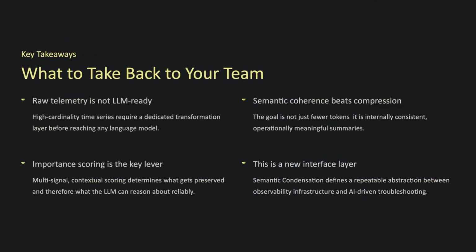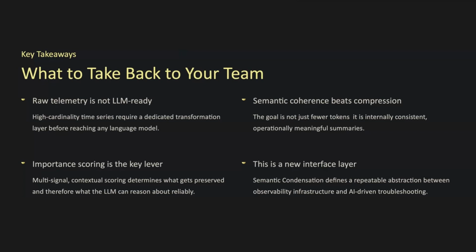So if I had to give you some takeaways to take back to your team, first is raw telemetry. In fact, not just raw telemetry, but any noisy, unstructured, high volume data is not inherently LLM ready. You need to apply some sort of transformation before you send it to the LLM.